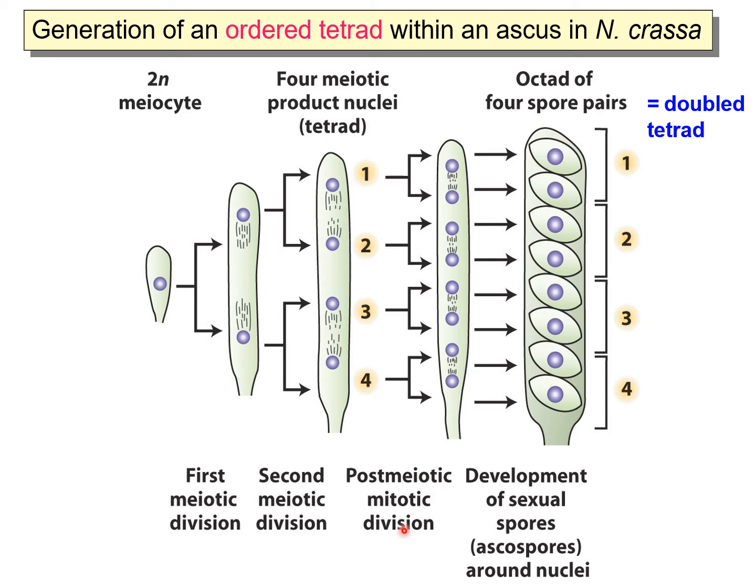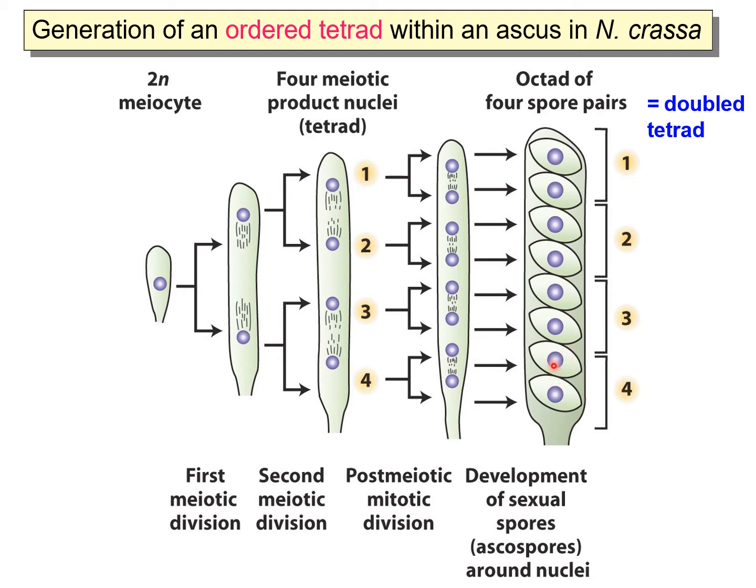Please make it clear that the first two divisions are meiotic divisions, first meiotic division and second meiotic division, and it is followed by the mitotic division. In mitotic division, we call it an equational division. Each of these haploid nuclei results into two haploid nuclei, so all put together it results in formation of 8 nuclei. So this is nothing but the octet of four spore pairs.